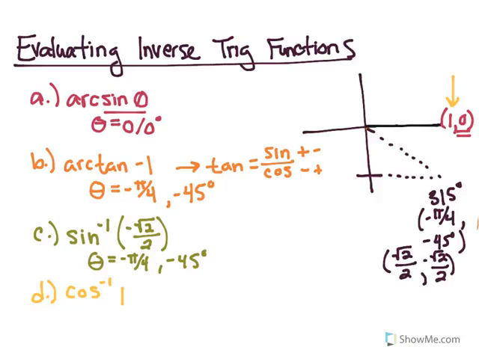That's the only place on this entire unit circle, besides 2 pi, that cosine is equal to positive 1. So that one was pretty easy. We can just list that answer out, because that means that theta is either 0 radians or 0 degrees. And that will conclude this tutorial.